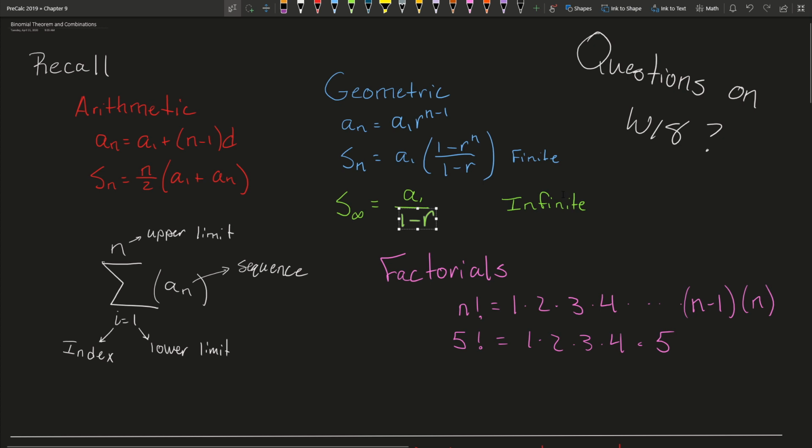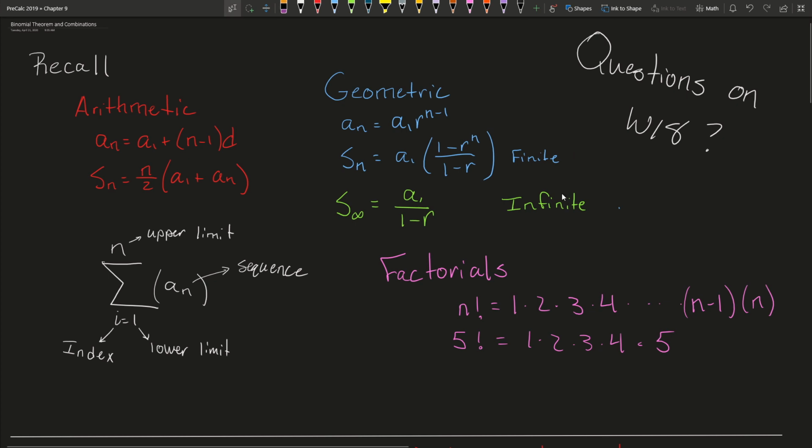Okay, and there are two limitations for both of those. In this equation for the finite sum, your common ratio has to be greater than 1. Actually, that's not true. Ignore what I just said.